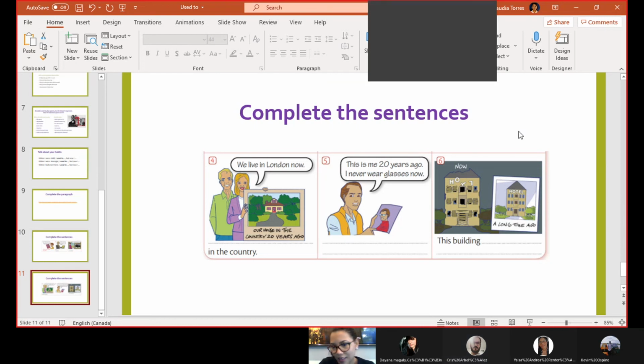Okay, Yaisa, can you tell me about number 6? You have a picture of a hotel. I don't know, Yaisa, can you see the picture?